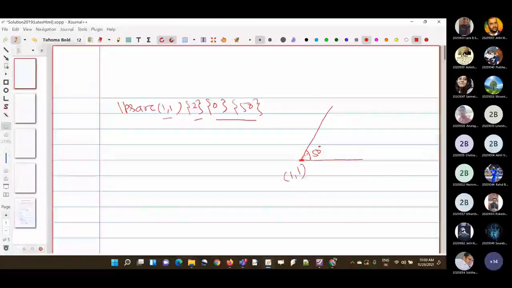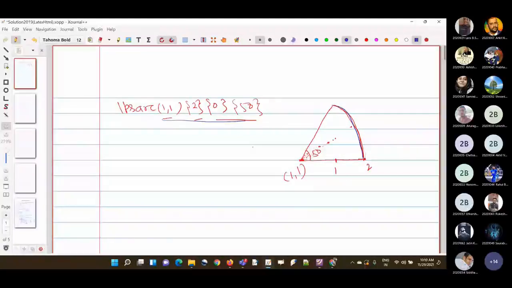And the radius is 2. Suppose up to here is 1, and up to here is 2. Something like this, there will be an arc like this. So you are going to get this arc only, expanding from 0 to 50.